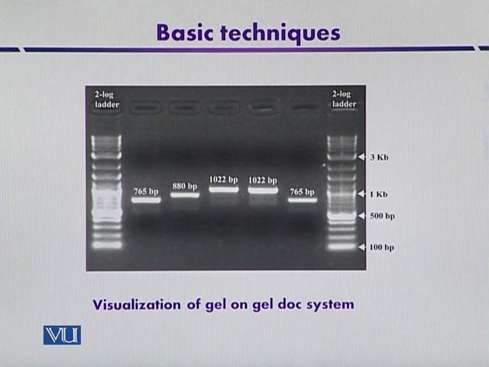In addition to exposure to ultraviolet light, gel documentation systems are now available by which you can visualize the DNA, and also save pictures of the gel that you have run. Again, here these are different fragments within the marker. Marker means that we know the length of different fragments in that ladder that we run in one column at the right or left side.